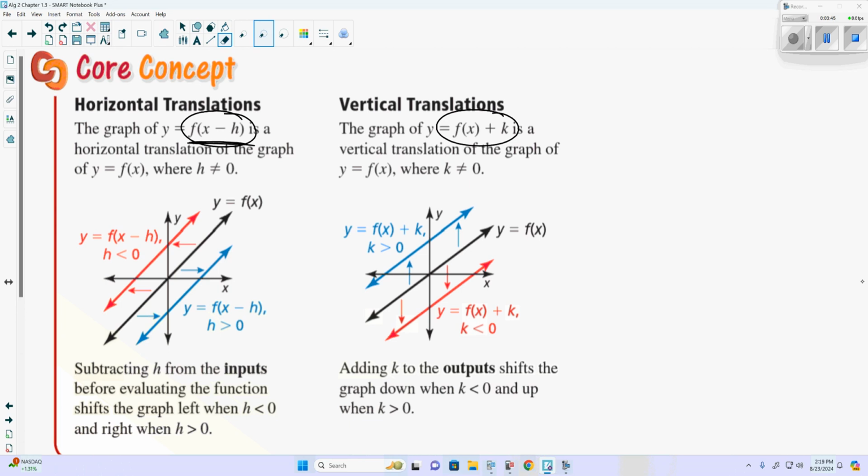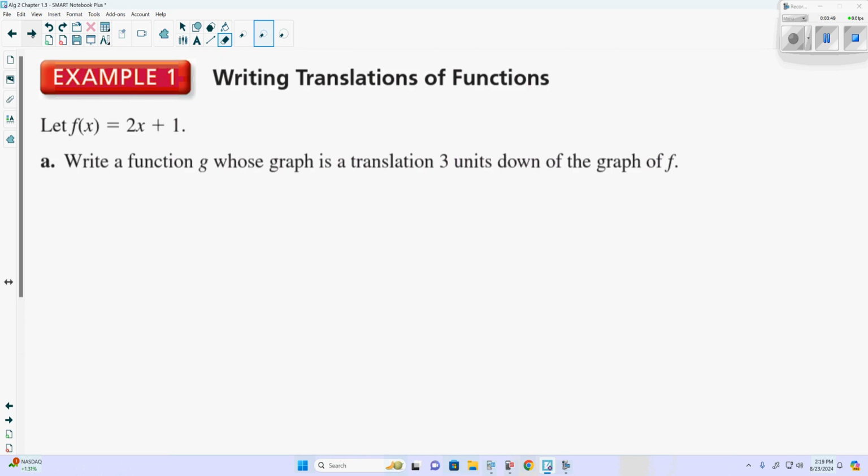Now, having it in words and seeing the formula is one thing, but I think once we see how it works, we'll have a better understanding than just looking at the words. So the first one is this one here. We want to write a function g whose graph is a translation 3 units down of the graph of f.